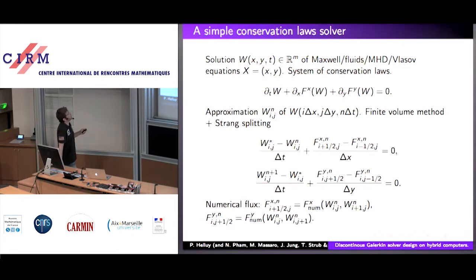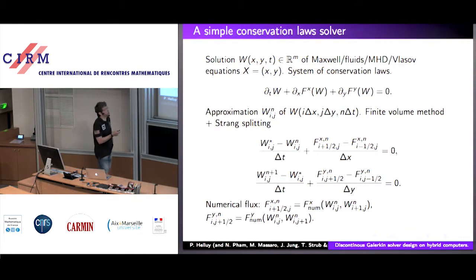So we consider an approximation of W on a grid in space. So W of I, J, N is an approximation of W at point I delta X, J delta Y, N delta T. And we will solve first these two terms, the X derivative, by this scheme.